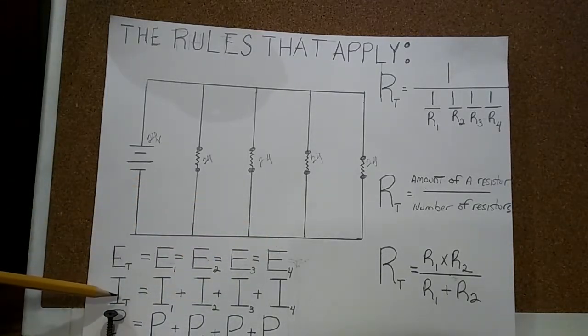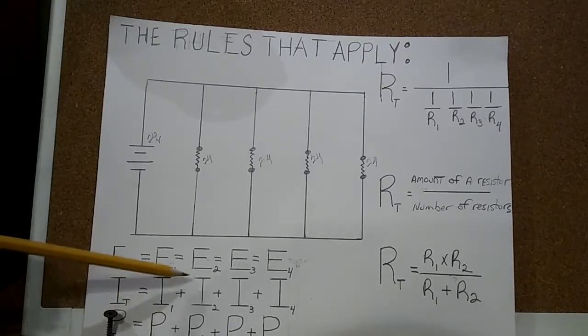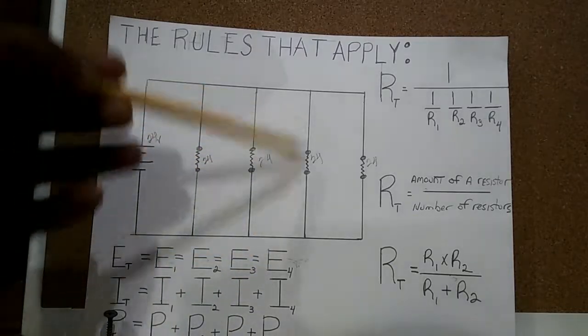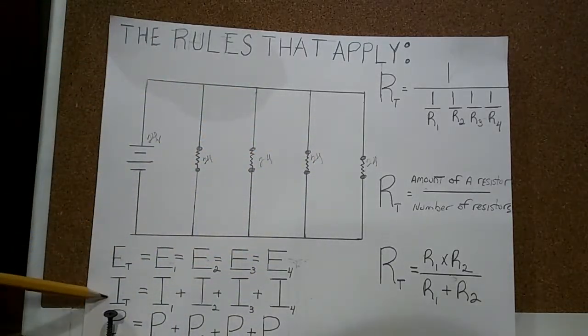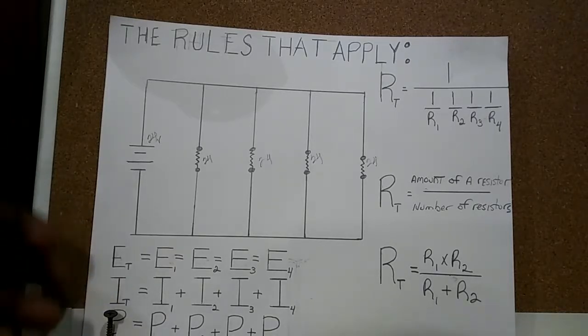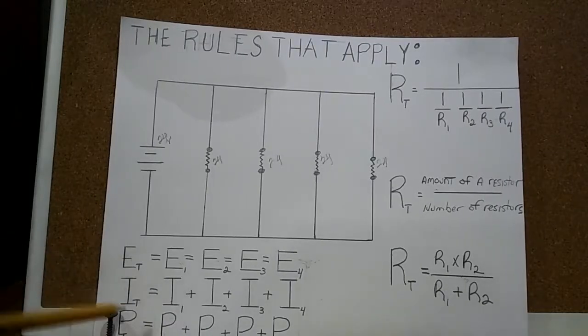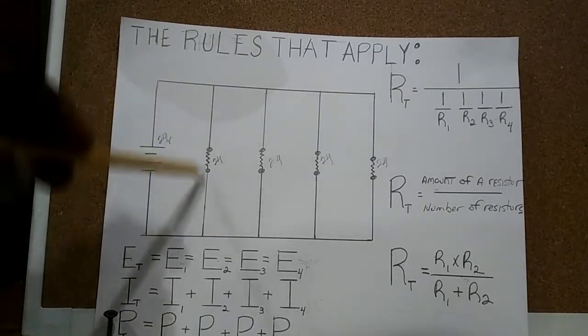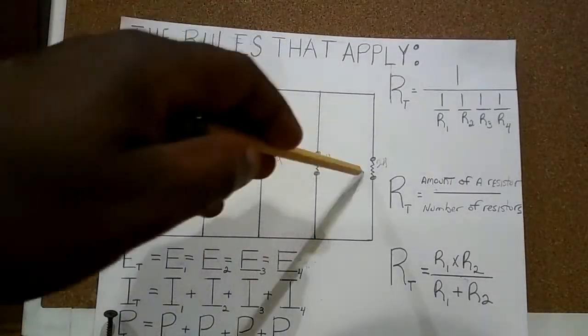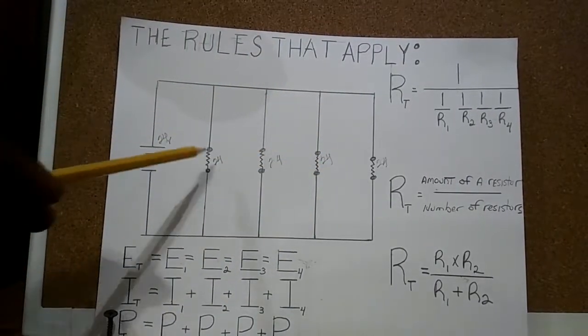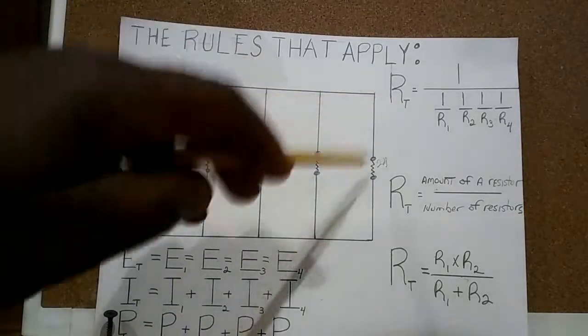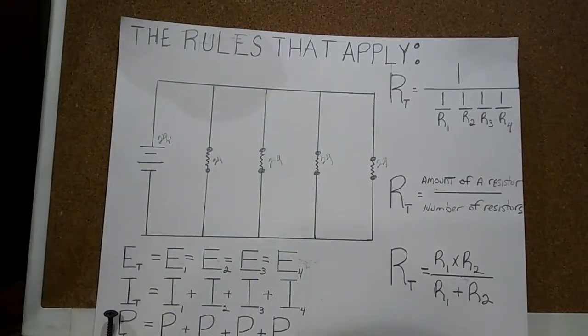Then you have the current, which is represented by I. The sum of all the individual currents passing through each individual resistor equals the total current. And then you can't hardly see that P, but that's a P total behind the screen there. The total power equals the sum of the power consumed by each resistor. So the power consumed by 1, 2, 3, and 4 equals the total power.